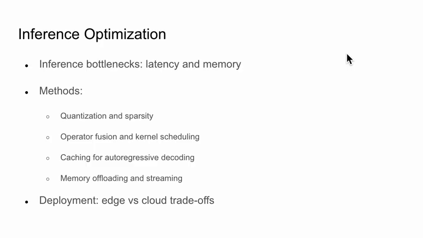Some systems offload rarely used weights to host memory or even to SSDs, streaming them when needed. The paper also compared cloud-based inference with on-device or edge deployment, highlighting how co-design principles help balance latency and resource limits.